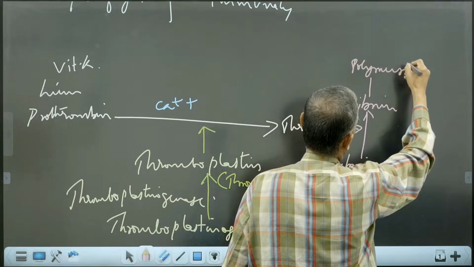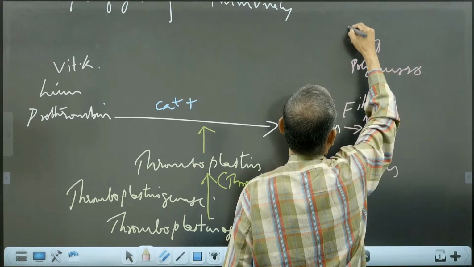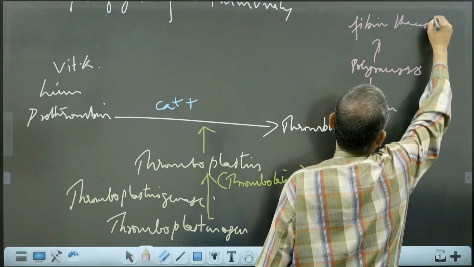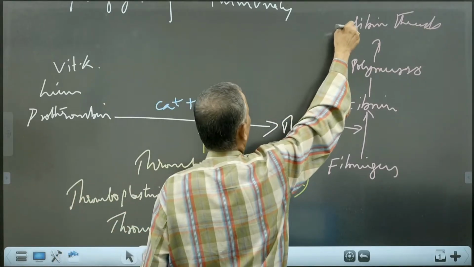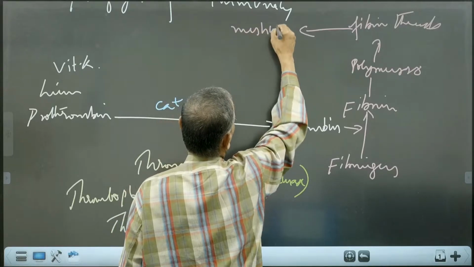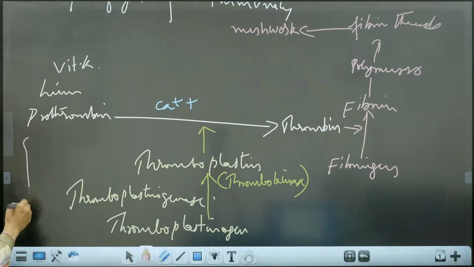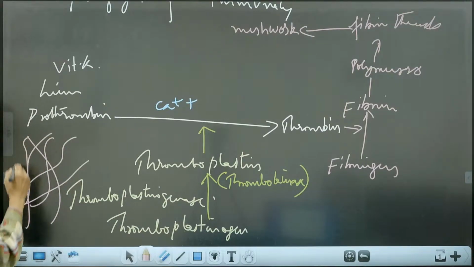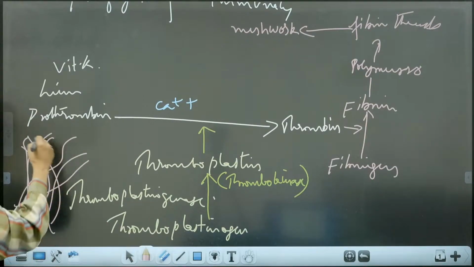When it is polymerizing, it forms fibrin threads. These fibrin threads will now be forming a meshwork or a network. See, you are having fibrin threads. As more and more fibrin threads are produced, these are all occurring at the site of the wound.